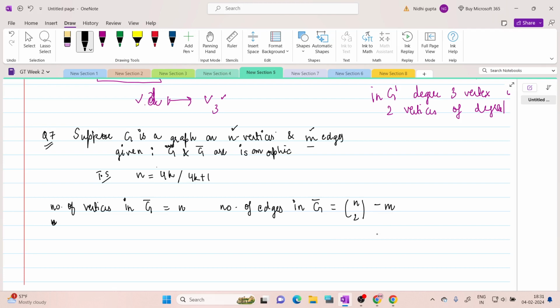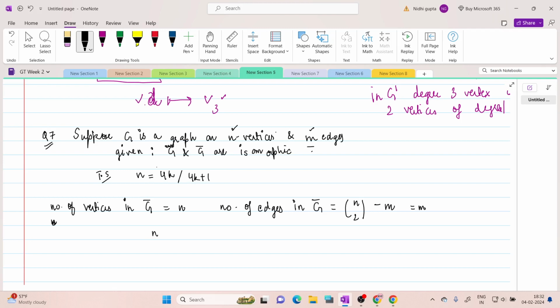Now, if G and G bar are isomorphic, how many edges will G bar have? If G has m edges and G and G bar are isomorphic, we have to equate both. Then it will be equal to m, because if two graphs are isomorphic, they should have the same number of edges.